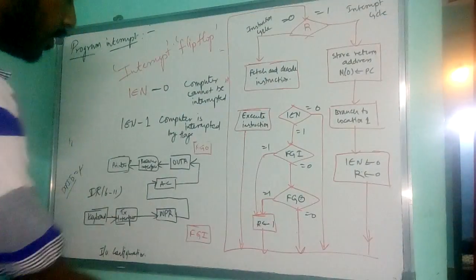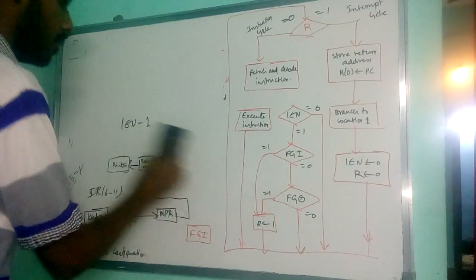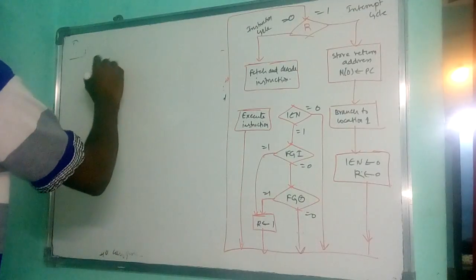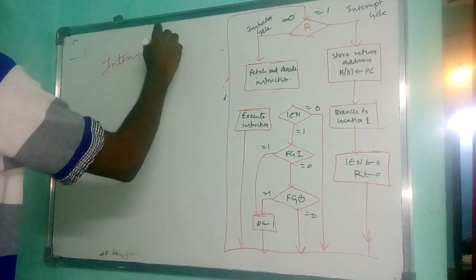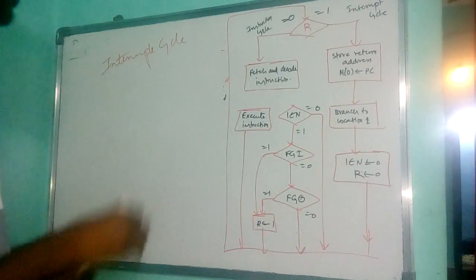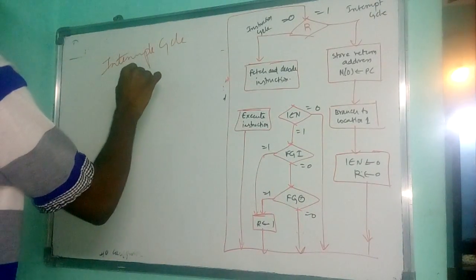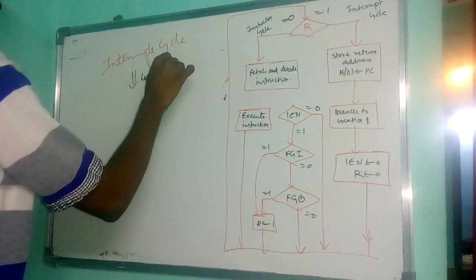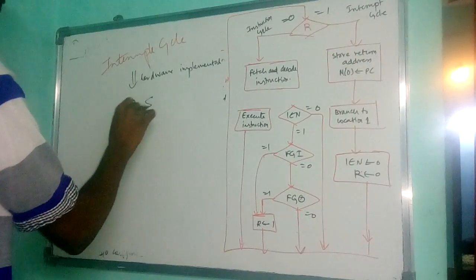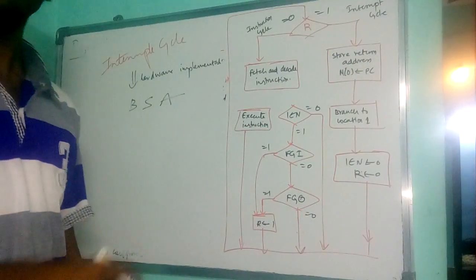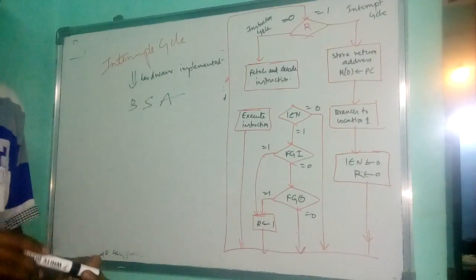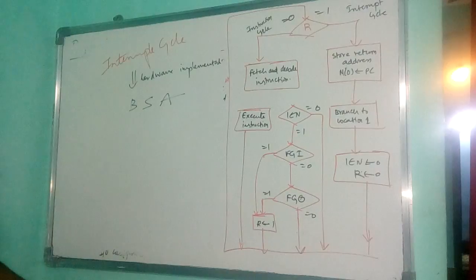Where the interrupt cycle is a hardware implementation of BSA. BSA was already mentioned in memory reference instructions: branch and save address.